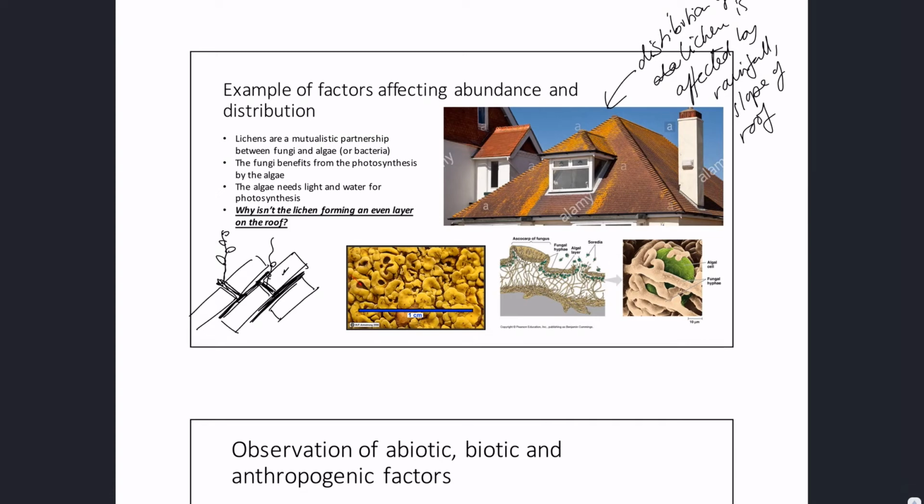Whereas the tile, with its surface, doesn't allow the accumulation of those nutrients or water, and therefore the plant can't grow there. Okay? So the distribution of organisms around us is not random. It is affected by certain factors, and we need to be aware of those factors. And furthermore, now we should be able to label those factors as biotic, abiotic, or anthropogenic.